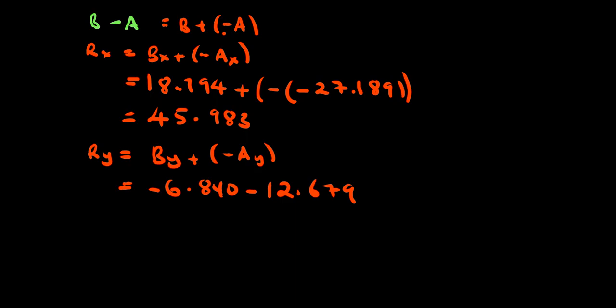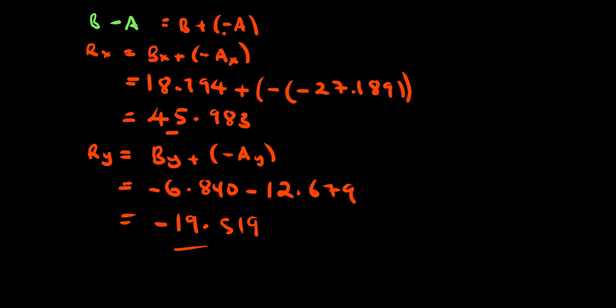Then adding this, I get my answer to be negative 19.519. So this is my y and this is my x. As you can see, in this case only the signs changed.